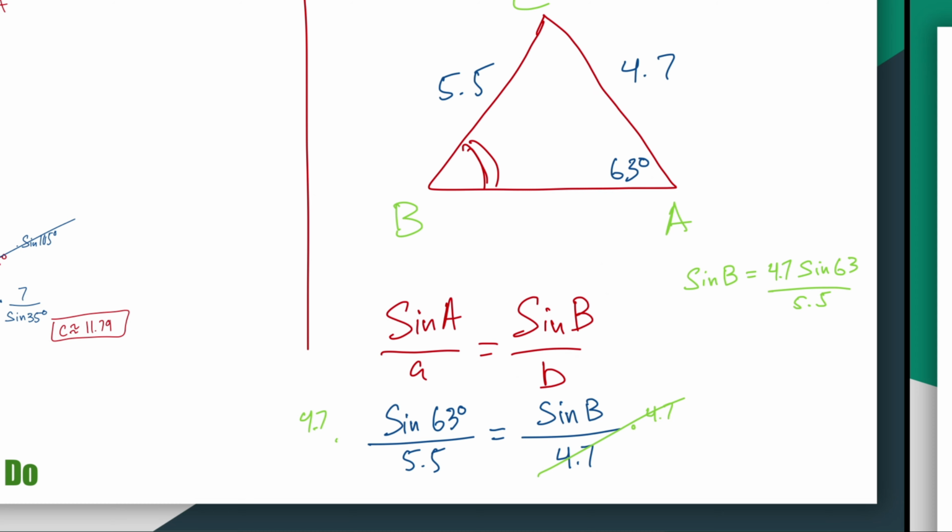Now, problem here is that we have our b kind of locked away. So we need to do the inverse sine to the other side as well. That's going to cancel these out. I'm going to get b is equal to the inverse sine of all of this.